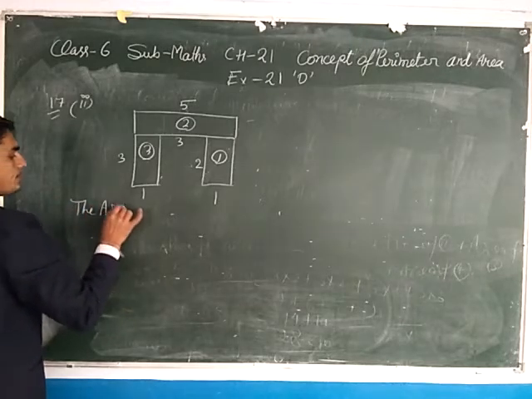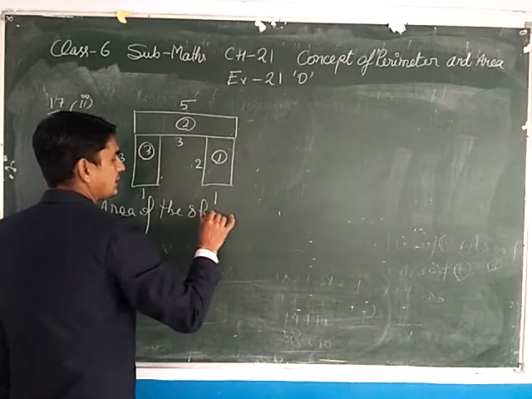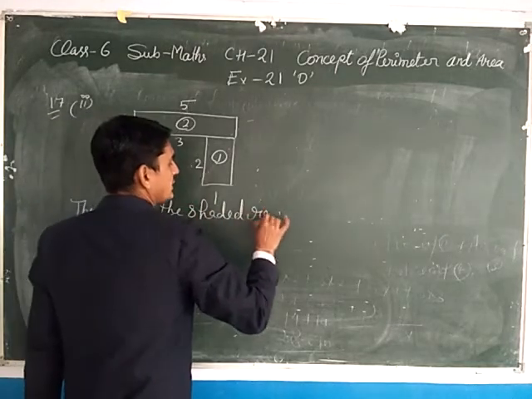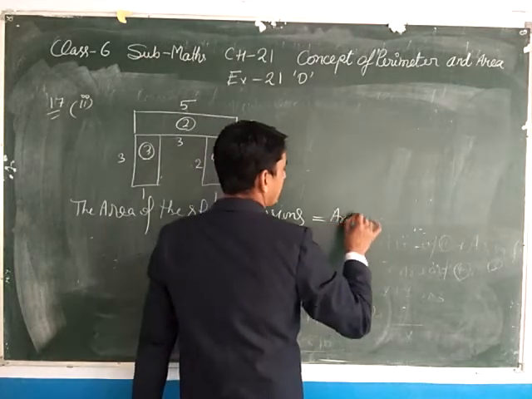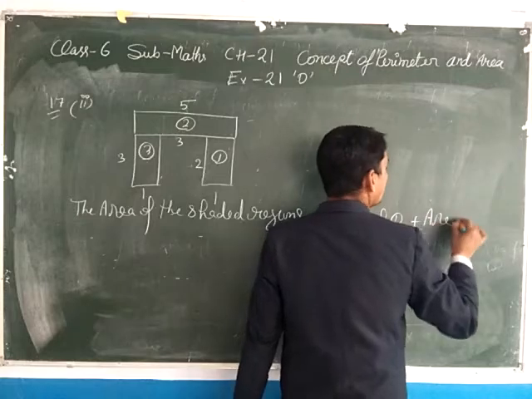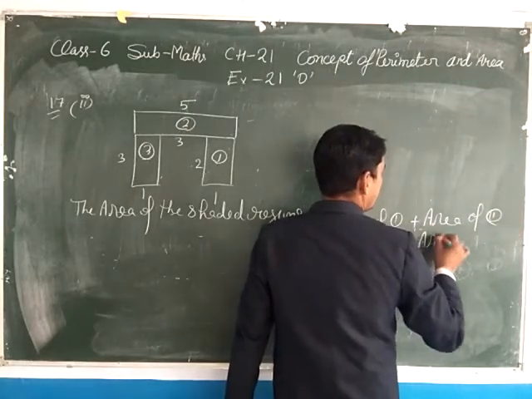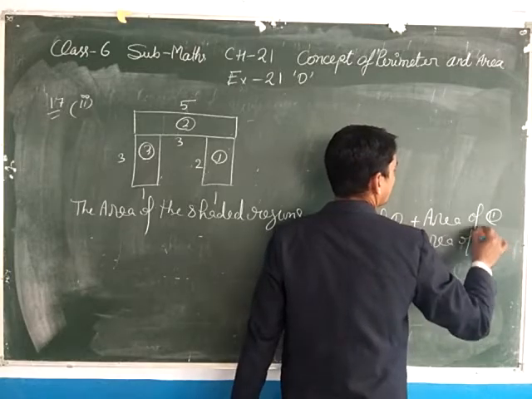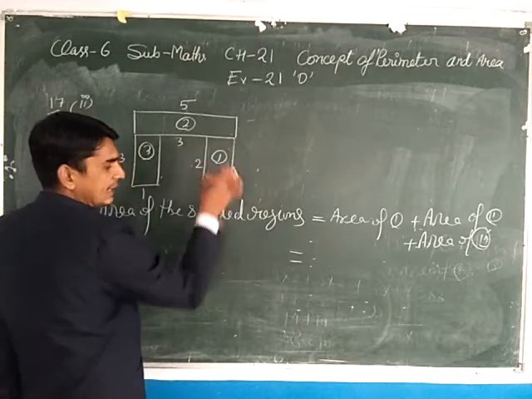The area of the shaded regions equals area of 1 plus area of second plus area of third. First, this is length and this is breadth.